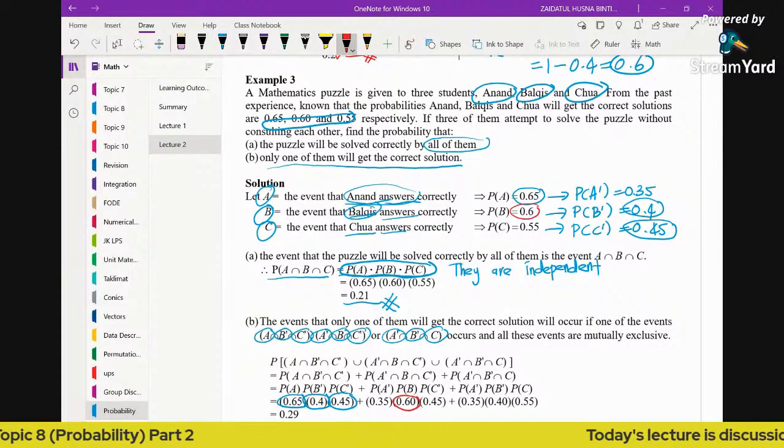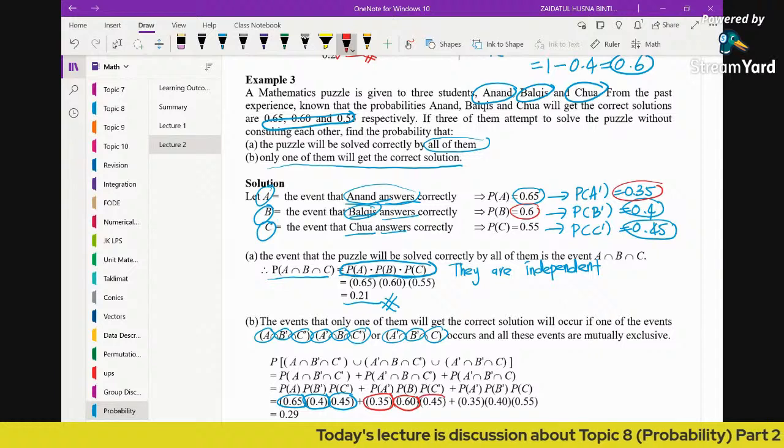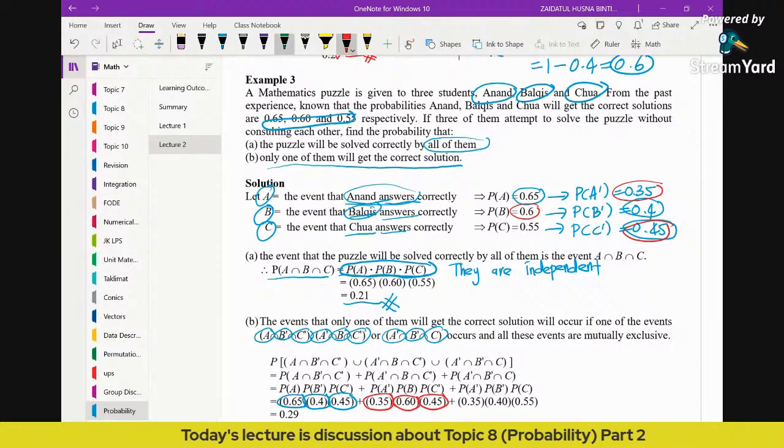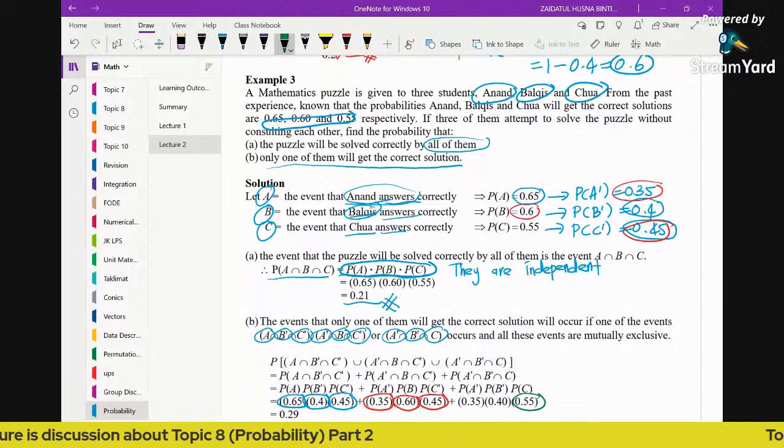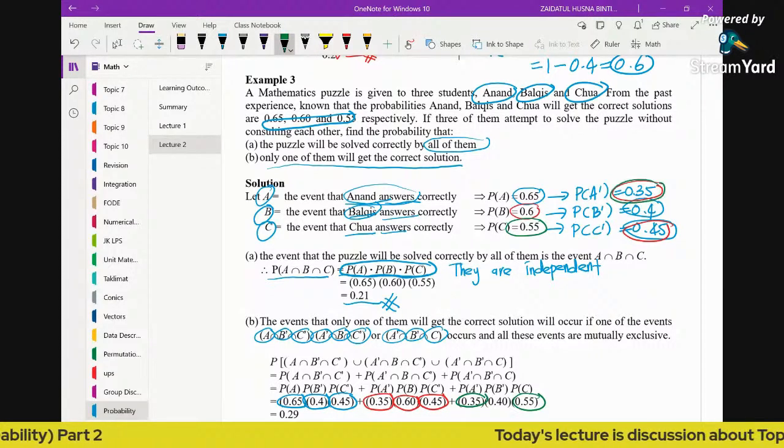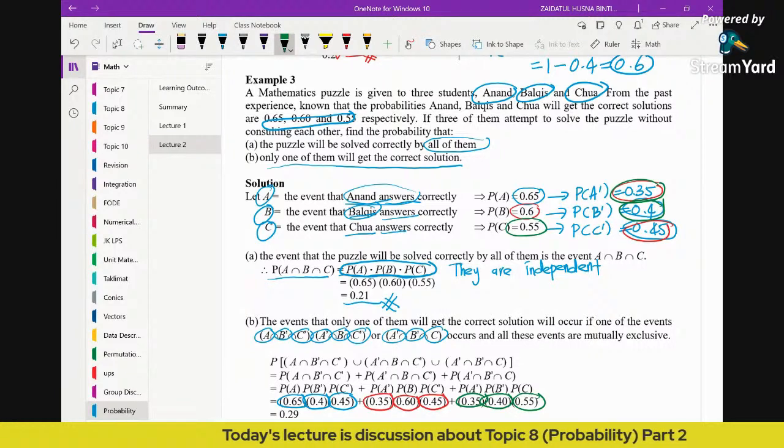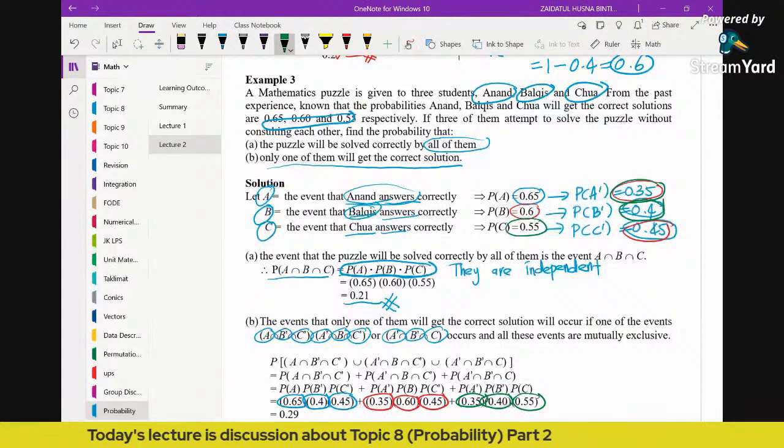Bila Balkis betul, Anan akan jadi salah 0.35. And then Chua pun akan jadi salah 0.45. And next, bila Chua pula yang betul 0.55. So Anan akan jadi salah 0.35. And Balkis pula salah 0.4. So we just multiply them all and we add them, so we will have this answer.